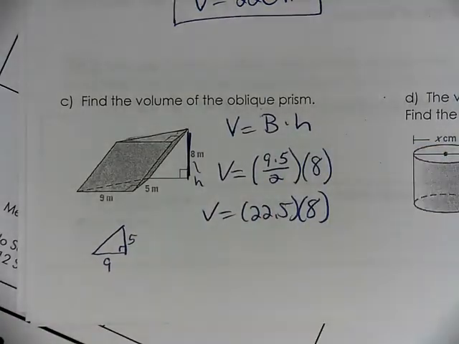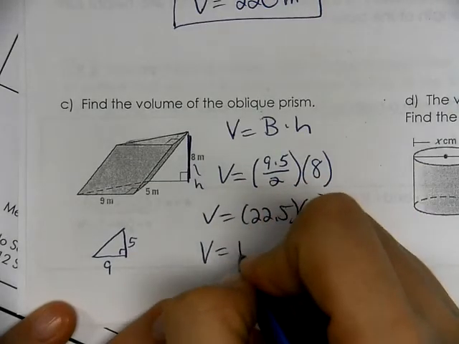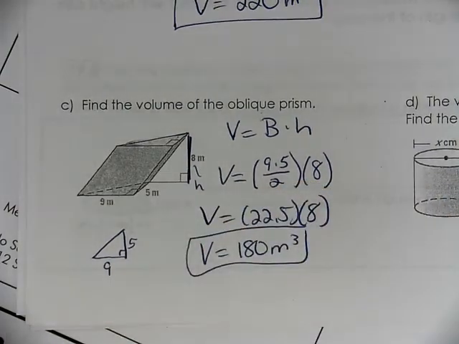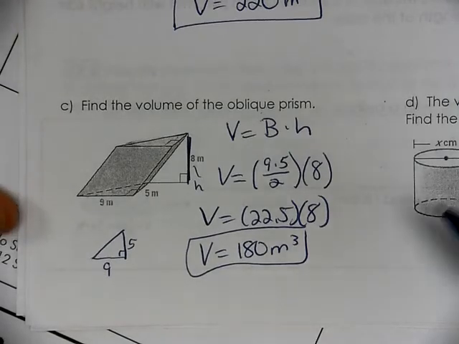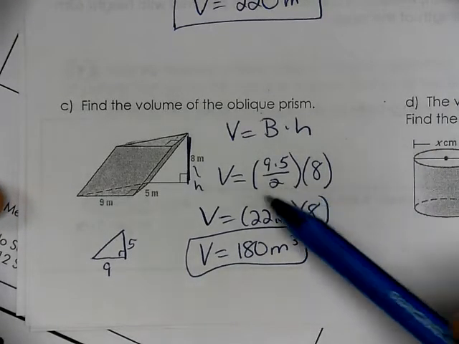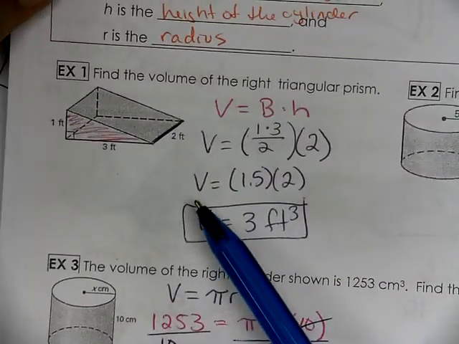Times 8. 180. Questions? So this one and the other triangle were the same. One was just oblique, one was right.